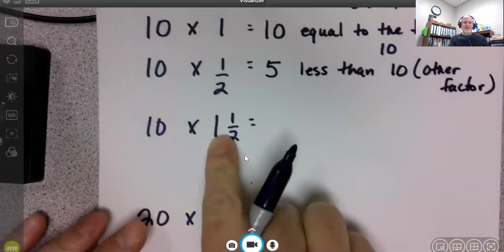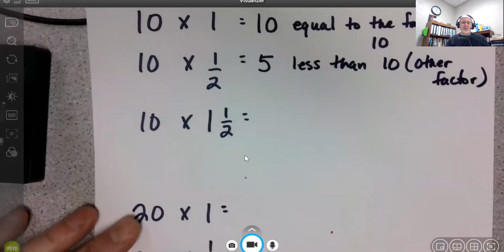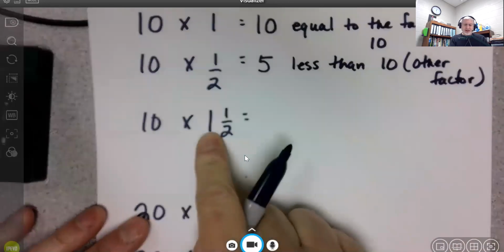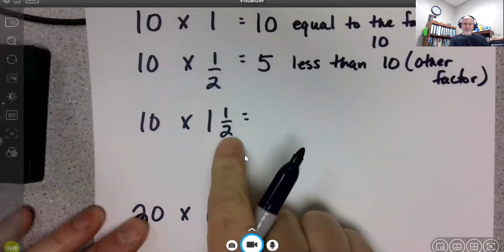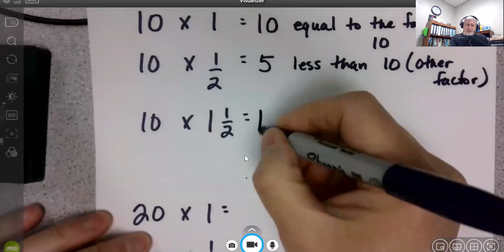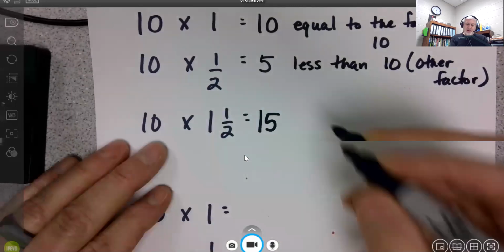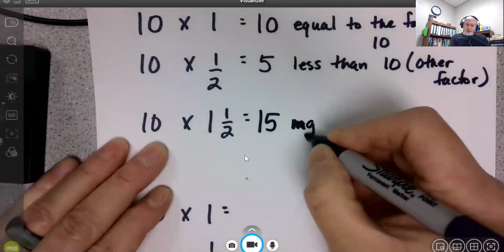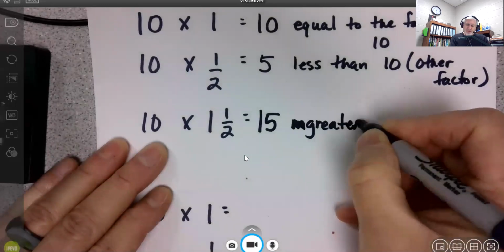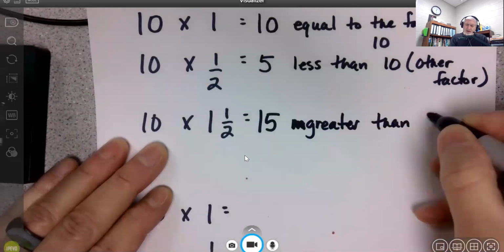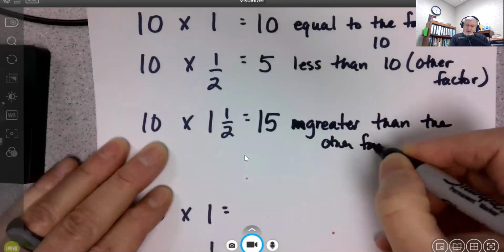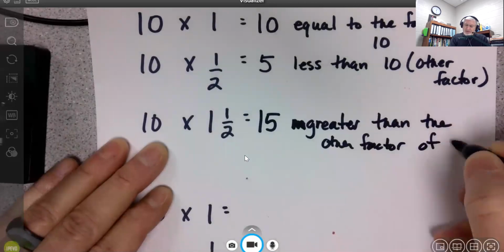Now, if I multiply 10 times 1 and 1/2, well, I know 10 times 1 is 10, and I know 10 times 1/2 is 5, so I would add those together and it would get 15. And then I know that 15 is greater than the other factor of 10.